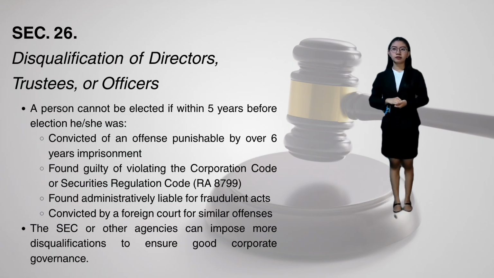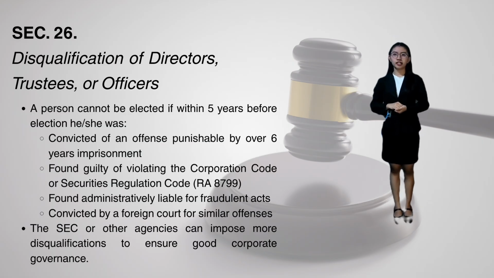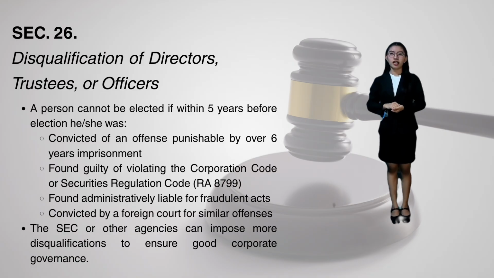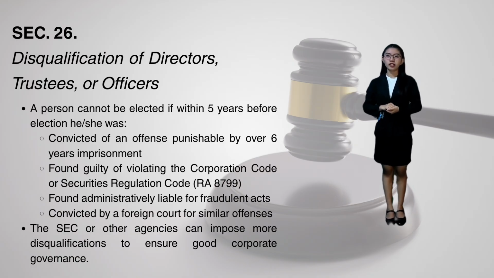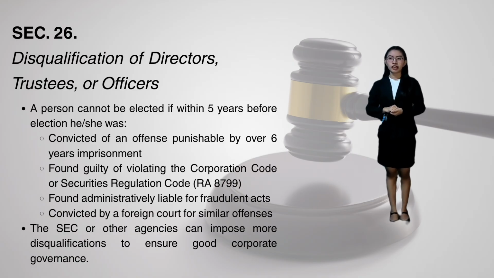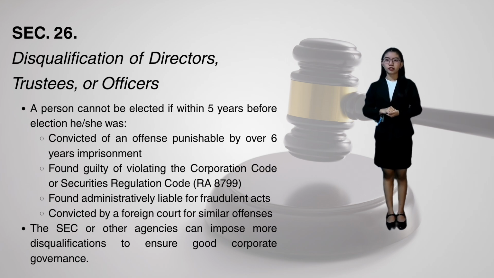Section 26 explains the reasons why a person cannot be elected as a director, trustee, or officer in a corporation. A person is disqualified if, within the last 5 years, they were found guilty of a crime that has a punishment of more than 6 years in prison, violated the Corporation Code or the Securities Regulation Code, were found administratively liable for fraudulent acts, or were found guilty by a foreign court for similar actions.